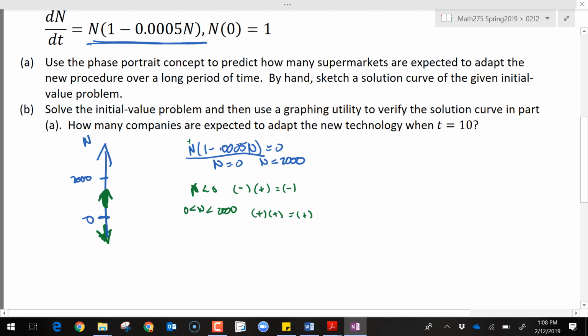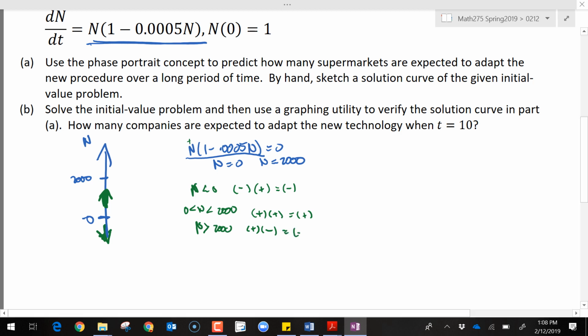And then I will try to put in a value bigger than 2000. This is going to give me a positive for the first factor. And then if I put a number bigger than 2000, then I have 1 minus another huge number. So the minus is going to dominate.